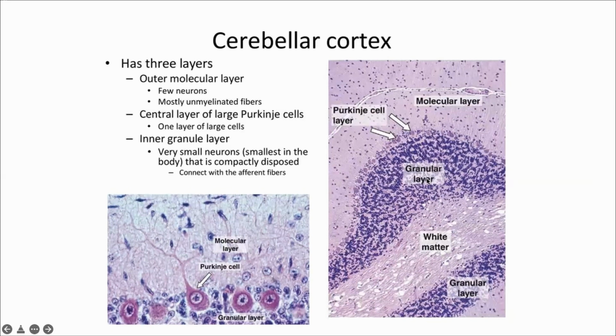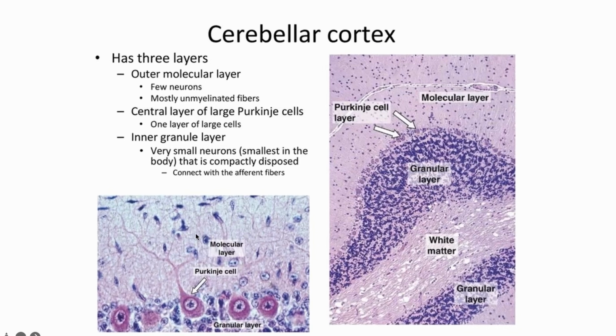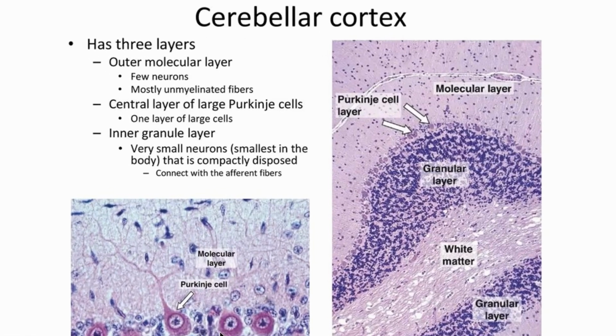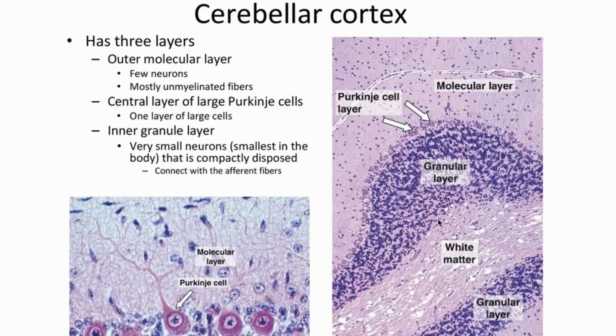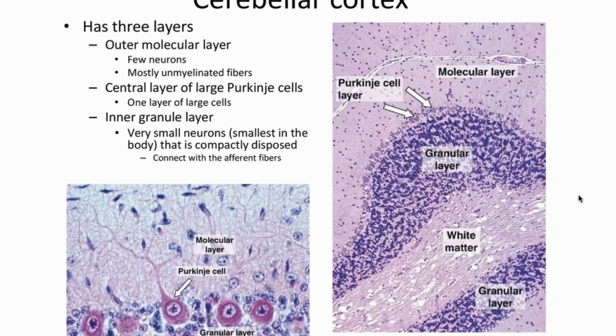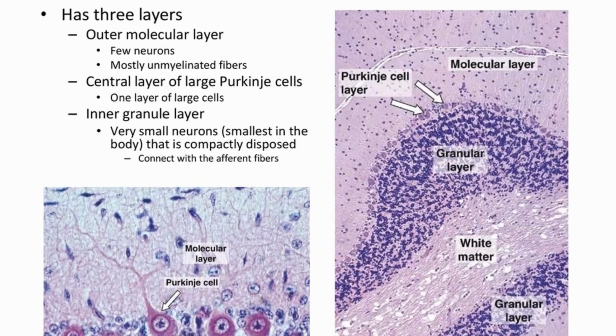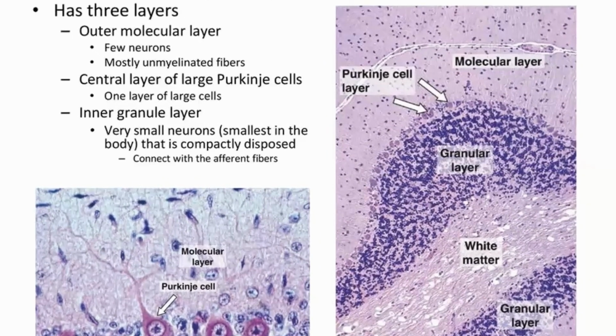These look like granules, and these are the Purkinje cells. So if you look at the outermost layer, they're unmyelinated neurons, and then you have Purkinje cells that are here and the granular layer that is here. So if you look at the histology of the cerebellar cortex, you're supposed to see the different layers if you have a good stain.